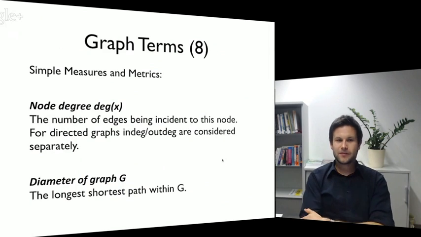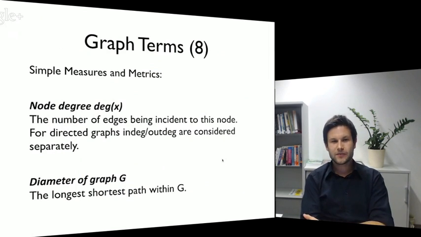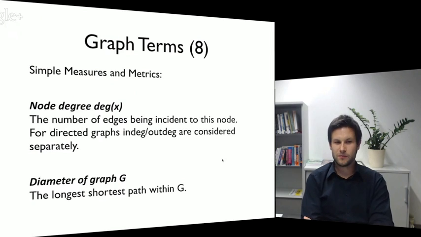Okay, then in graph theory, you have all kinds of different measures and metrics that you could use for the application that you want to accomplish. I only give two examples here. There's something like the node degree. If you look at a node and you count how many edges are connected to this node, then this is called the node degree.